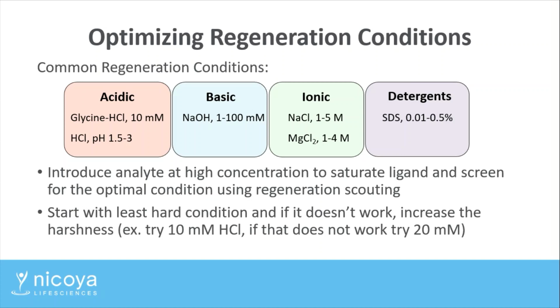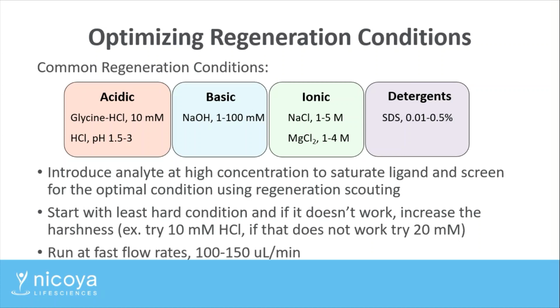As a general rule of thumb, you're going to want to find the least harsh condition that can get the job done, because ultimately, this regeneration step is going to be shocking your ligand, and you don't want to damage it or alter its binding capacity thereafter.